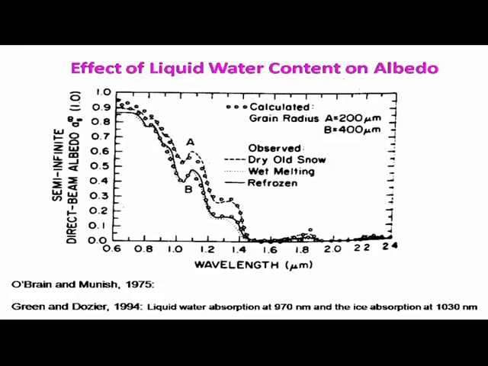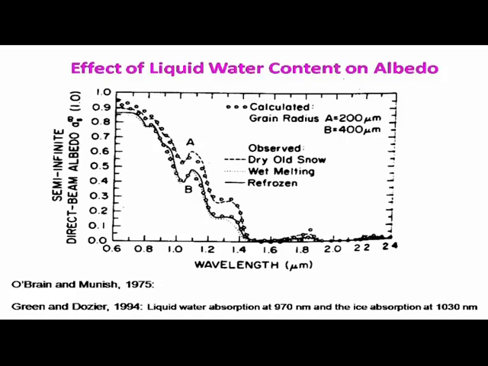There is an interesting experiment conducted long back in 1975 by O'Brien and Munis. They first observed the dry snow reflectance, which is shown here by the dotted line. Then they blew hot air on the snow pack, and moisture appeared in the snow and its wetness increased.